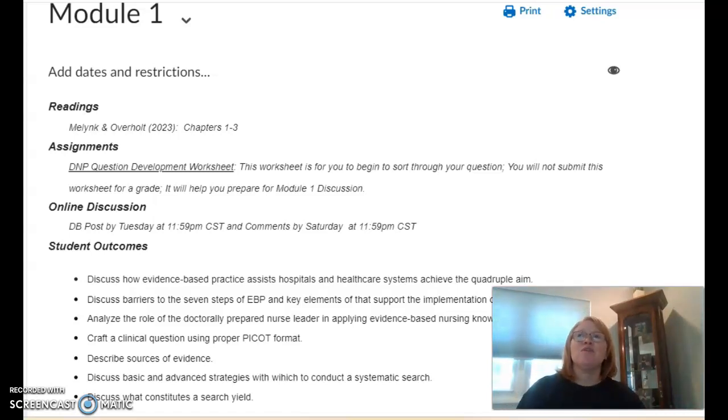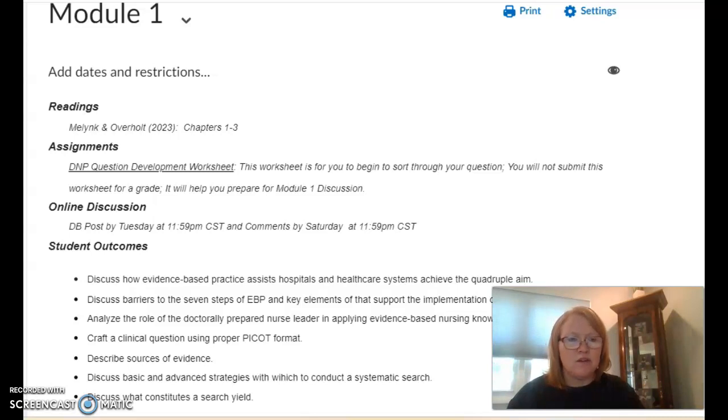I think with all of this information, it is important to keep in the forefront that the question that you develop must be one that is both searchable and answerable. It also must be a question that has stakeholder buy-in. Remember to just think about your organization, the internal evidence.